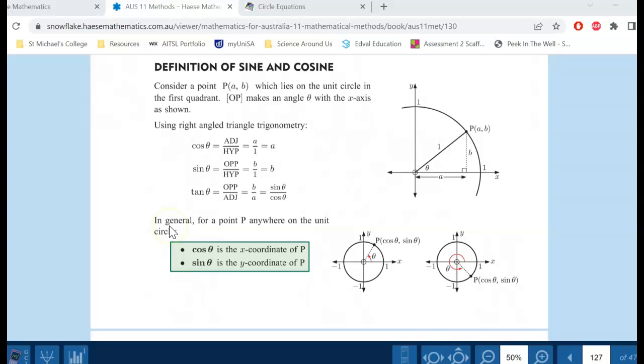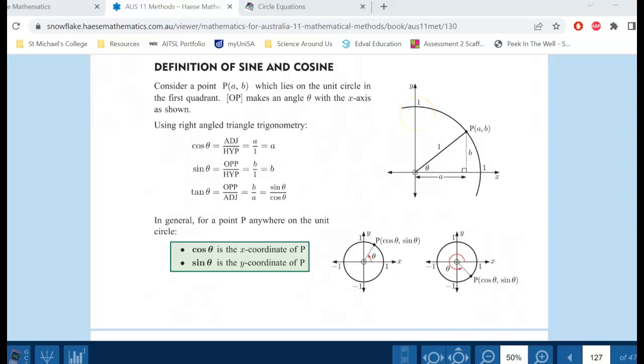So in general, we can say for a point anywhere on the unit circle that the x coordinate is given by cos of theta, and the y coordinate is given by sine of theta. This becomes really useful because when we have certain angles, we can work out the coordinates of certain points anywhere along the circumference of the unit circle.